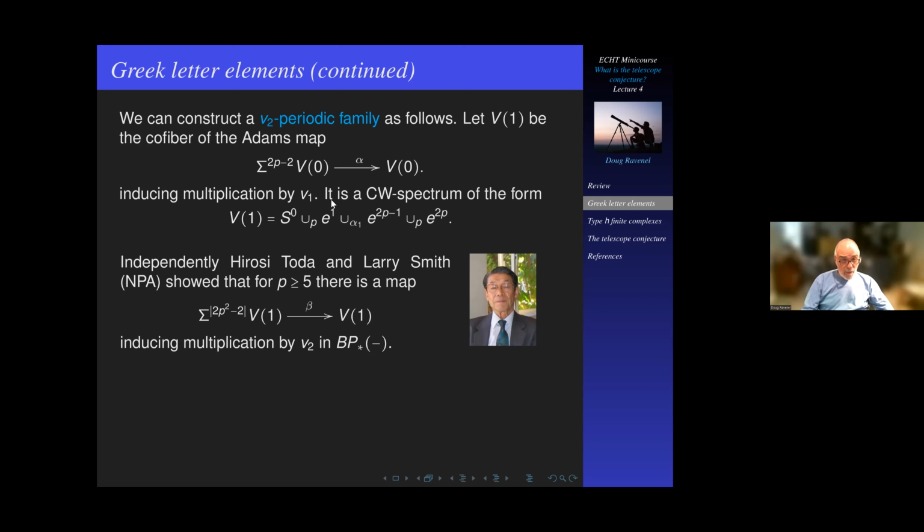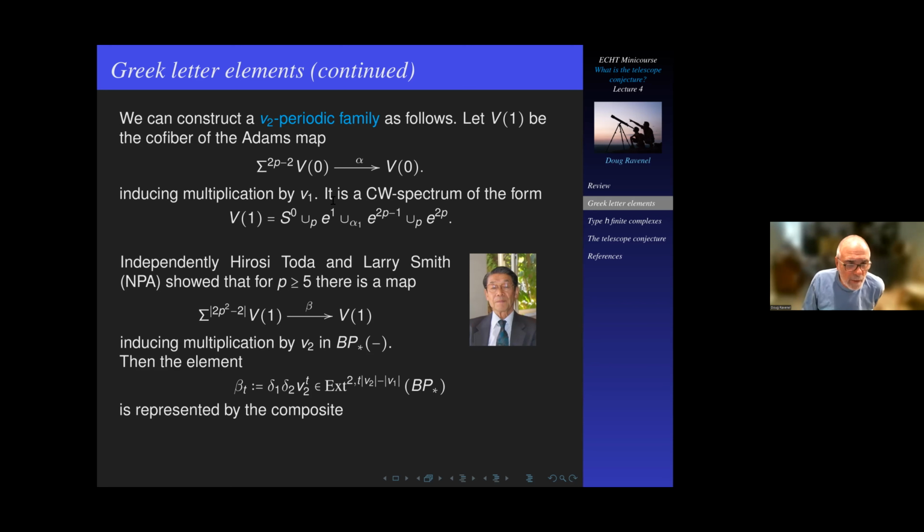All right, so there's a map like this that induces multiplication by V2 in BP homology, and it induces an isomorphism in the second Morava K-theory. That means all of its iterates are non-trivial. So we can iterate this map t times and get a diagram like this. This is the map beta iterated t times.